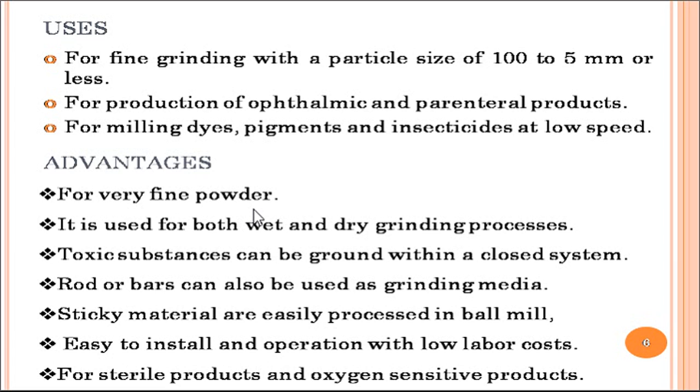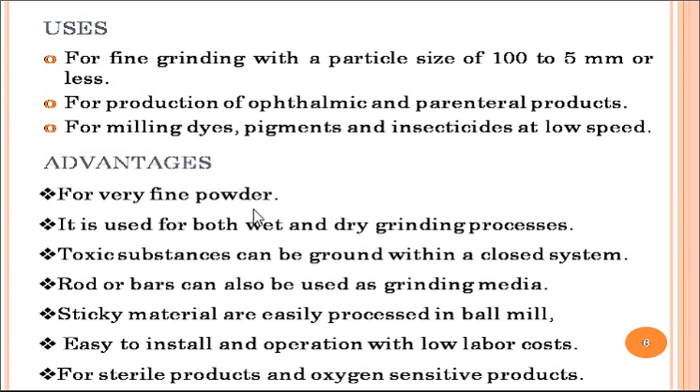Rods or bars can also be used as grinding media for size reduction. Sticky materials are easily processed in the ball mill because of the ball pebbles, which are effective for sticky material, and there is less chance of the material getting stuck on the wall of the ball mill.